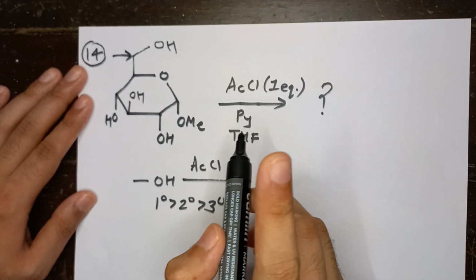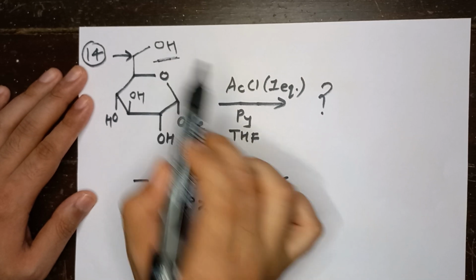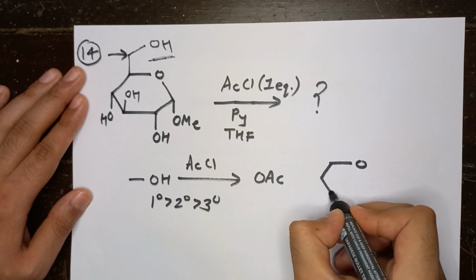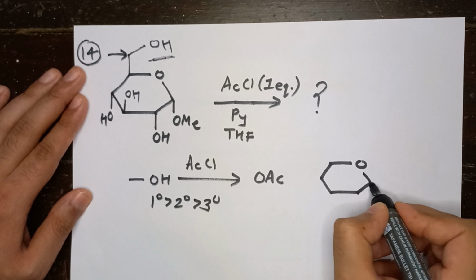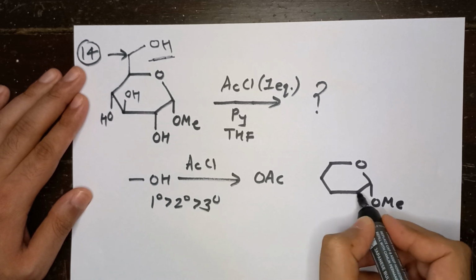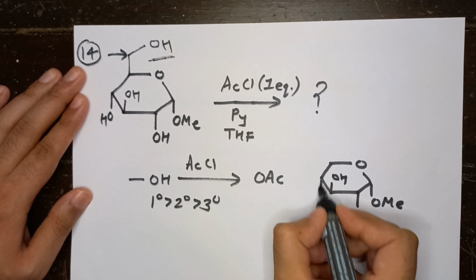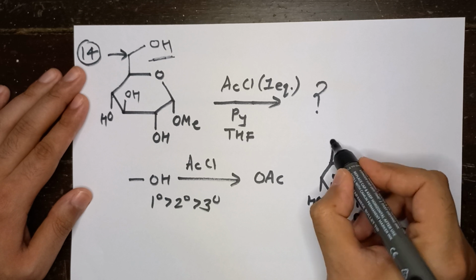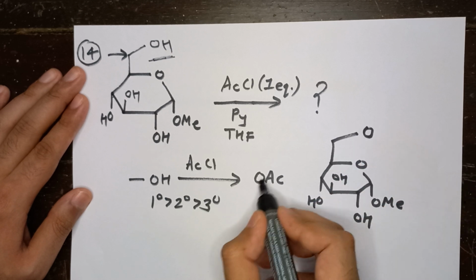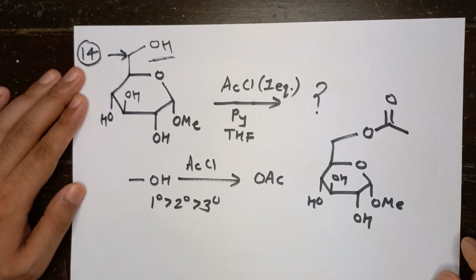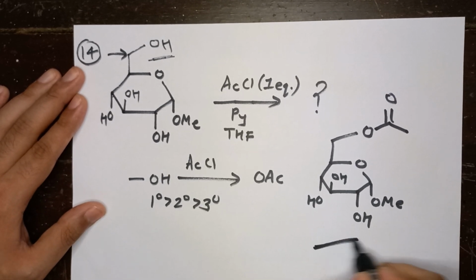So I'm simply going to protect my primary alcohol into OAC, and the product will be, rest group will be intact. I can write this OAC in a full form like this. Okay, so this is the product for this reaction.